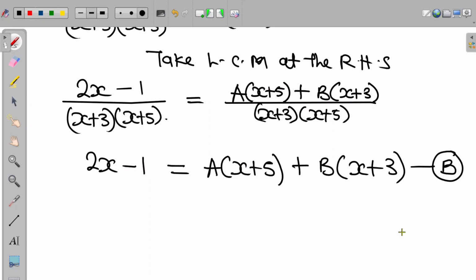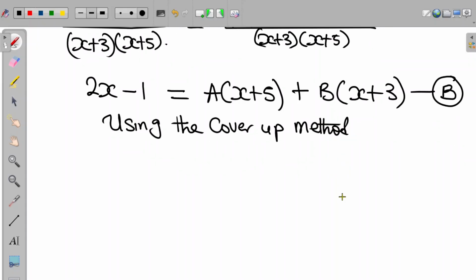But for this video, I will be using the cover-up method to obtain the values of A and B. The idea here is that we substitute complementary values of x into equation B to eliminate one of the variables. So the first is to substitute x equal to negative 5 into equation B.